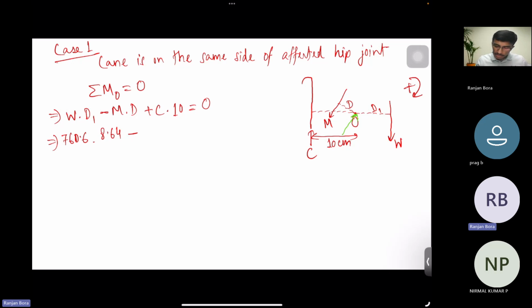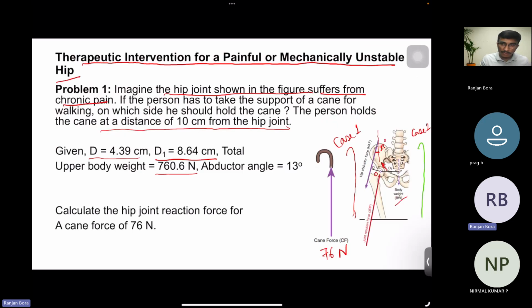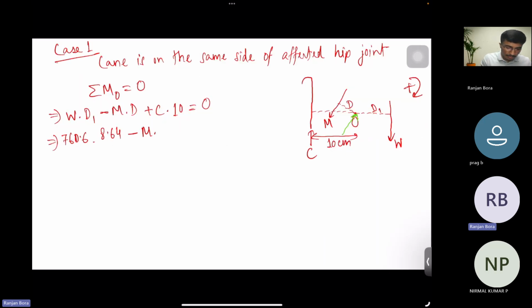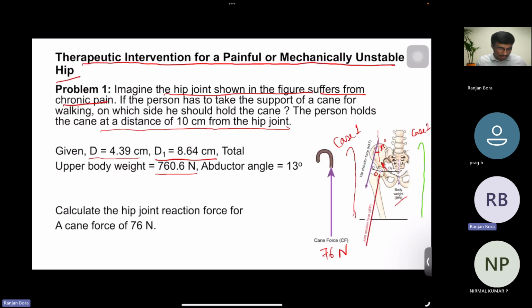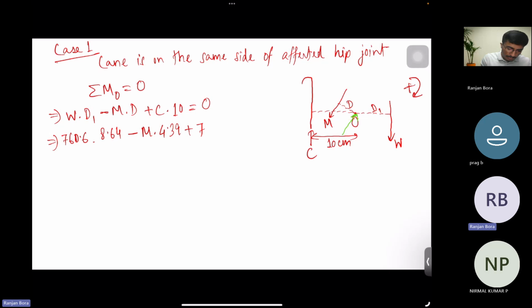This muscle force is not given, so first we need to find out this abductor muscle force. M dot D. D is given 4.39, plus C. C is given, C is 76, the force applied by the cane, 76 dot 10.